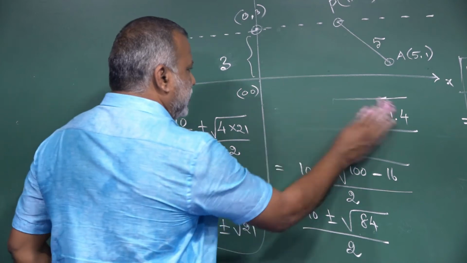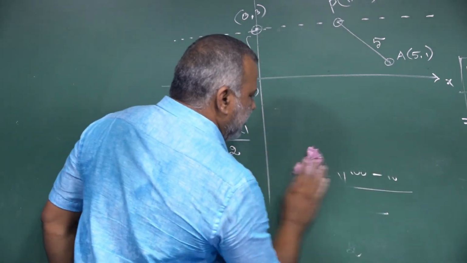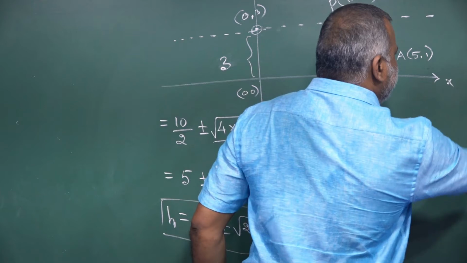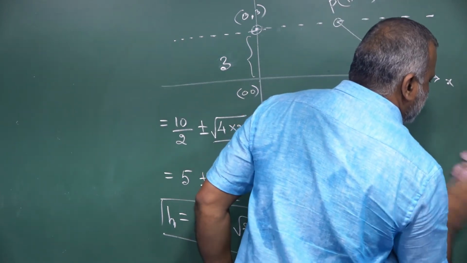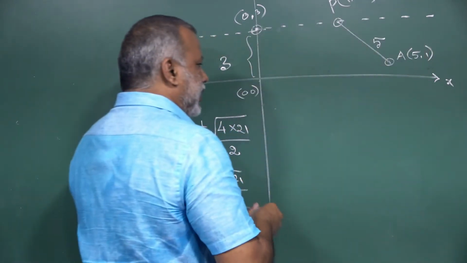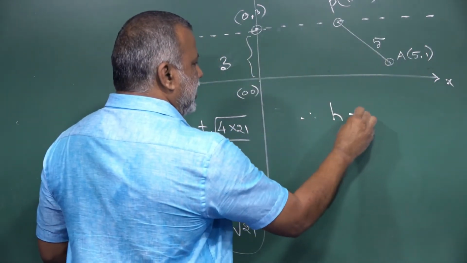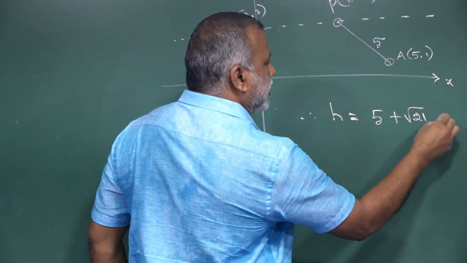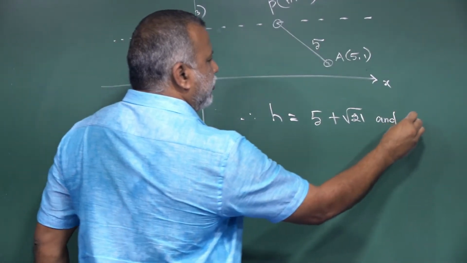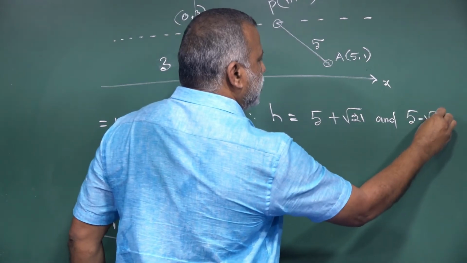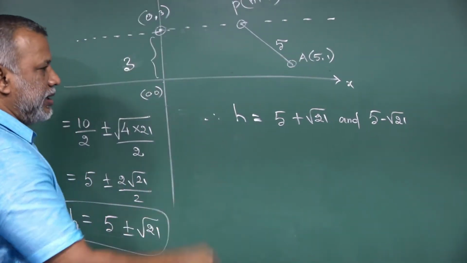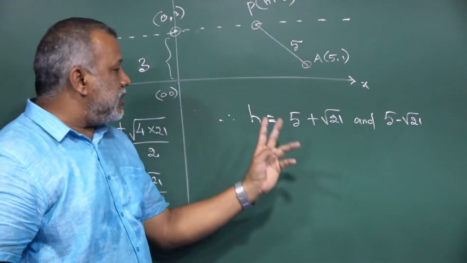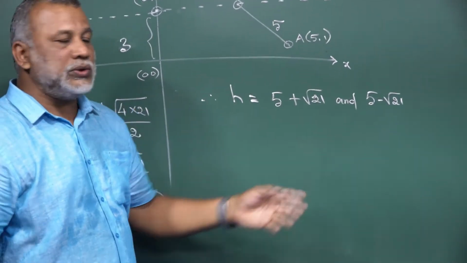Now listen. Since we are getting a quadratic equation, we are getting 2 values of h. Therefore h equals 5 plus root 21 and 5 minus root 21. This plus or minus can be written separately. See here, P is h comma 3. So instead of this h we are getting 2 values.